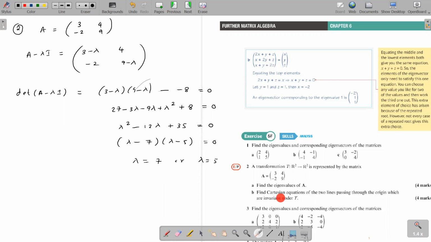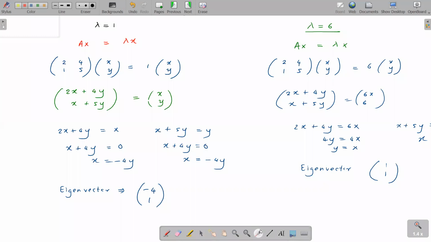Next, they say find the Cartesian equations of the two lines passing through the origin which are invariant under T. As I was saying earlier, when we were doing question number 1, when lambda equals 1 and lambda equals 6, did you notice that we actually got two straight line equations and that we used those straight line equations to find the eigenvector?